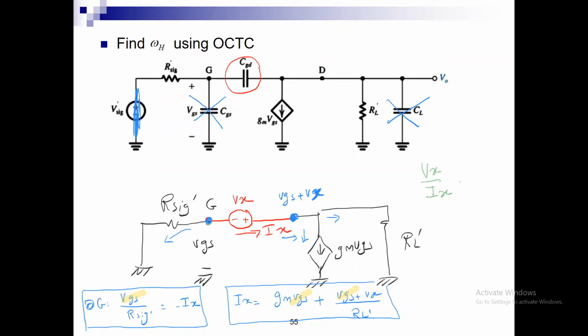I am going to substitute VGS equal to minus R sig prime times IX, and then I can find the ratio Vx over IX. This is how we solve it if we were to proceed with it, and then I will find what RGD is equal to. Let us now start to make it look nicer. So, anybody first has any question about this derivation here?